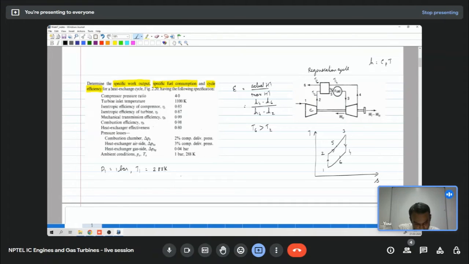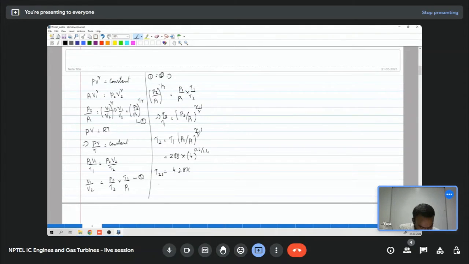So to find the actual temperature, we have the isentropic compressor efficiency, which is isentropic work by actual work.